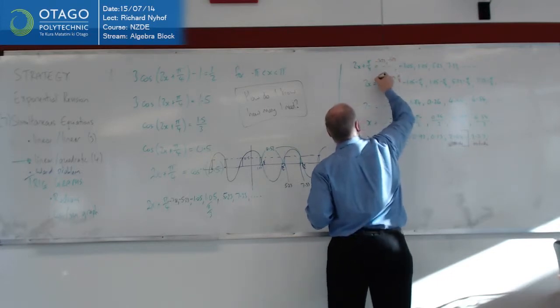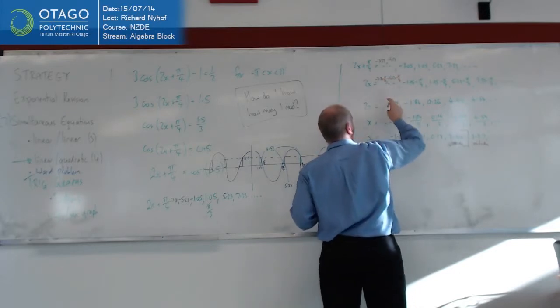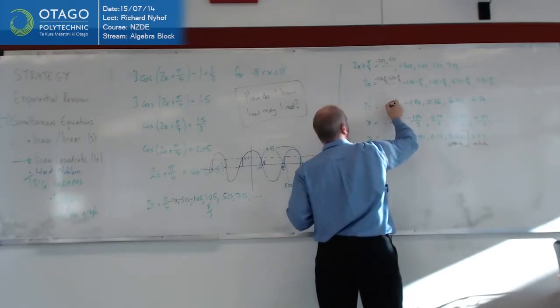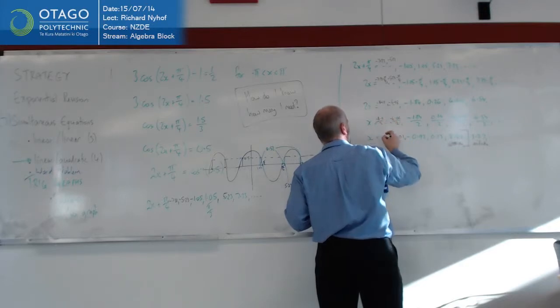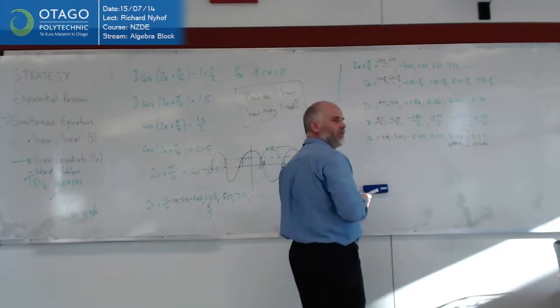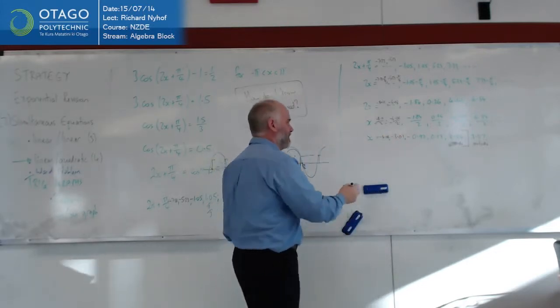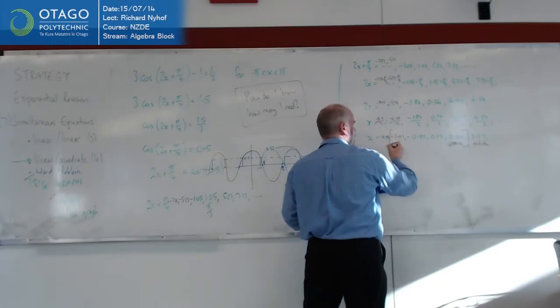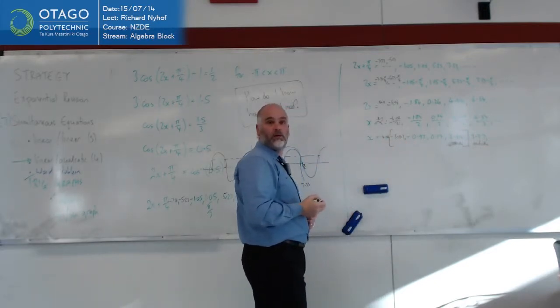So negative 7.33 take away pi over 4, which equals negative 8.11. Oh, that's definitely going to be okay, isn't it? Divide that by 2 is negative 4.06 or something. Near enough. And that's clearly gone outside. So there's my bracket there as well.